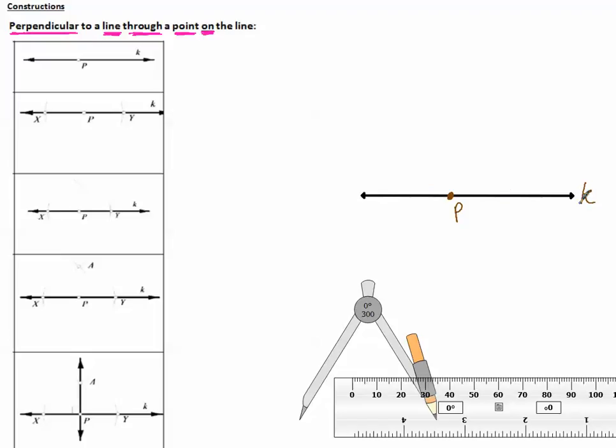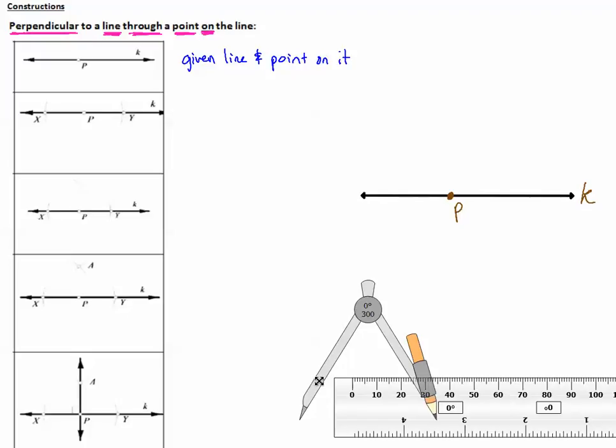A line, I'm calling it line K, and a point that is on the line, we're calling it point P. I brought out my compass and my straight edge to help me with it. So that's the first step. We're given a line and a point on it.